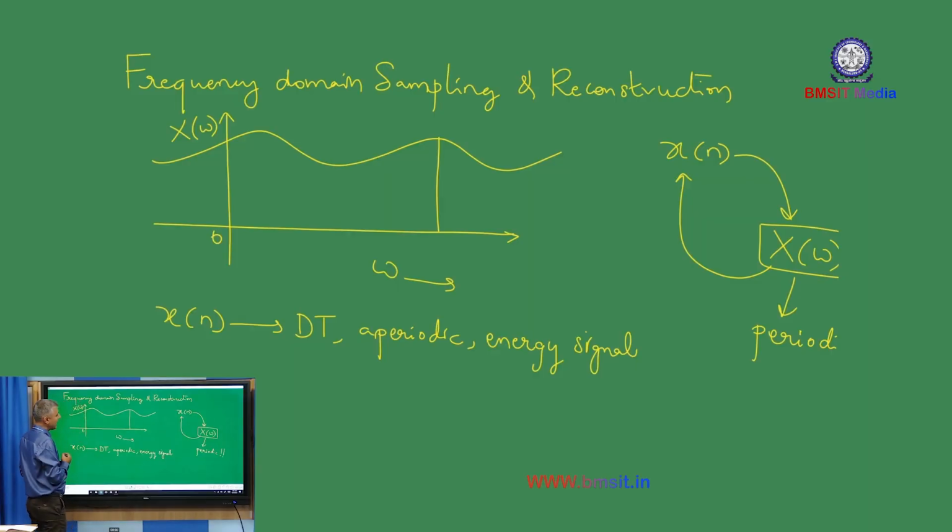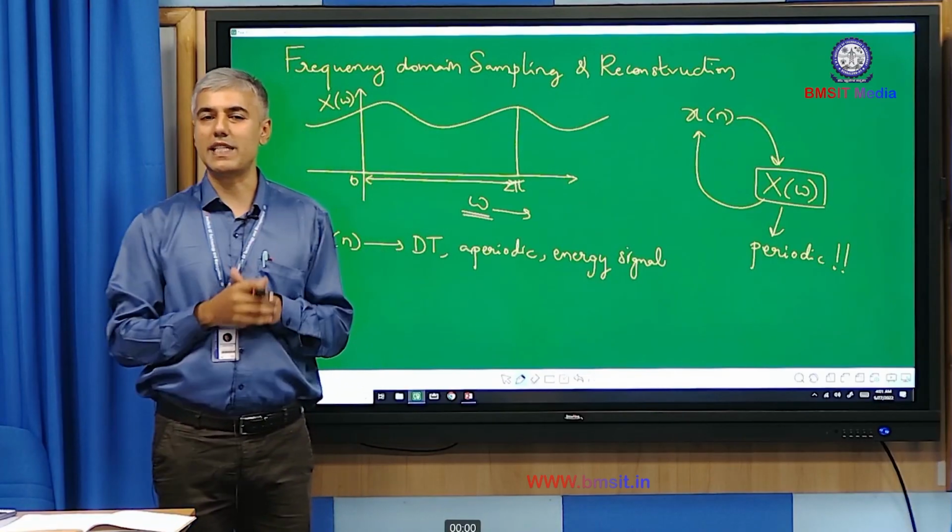On the screen, I have represented the Fourier transform x of omega as a function of omega. So you can observe that the signal is periodic. If I were to consider one period, that is from 0 to 2 pi, all the information that is present in this range of 0 to 2 pi is just sufficient for the complete representation of the signal.